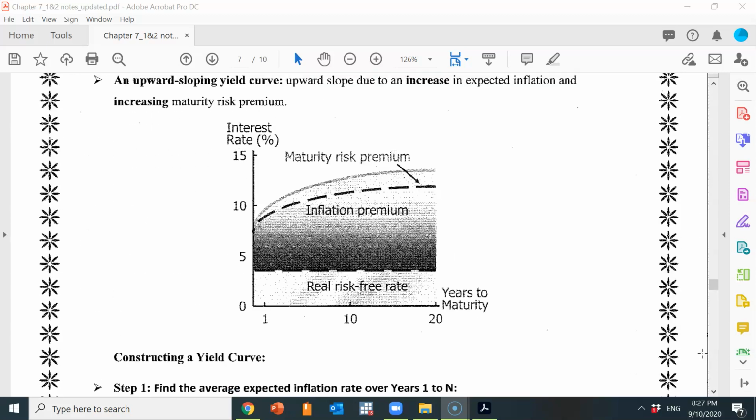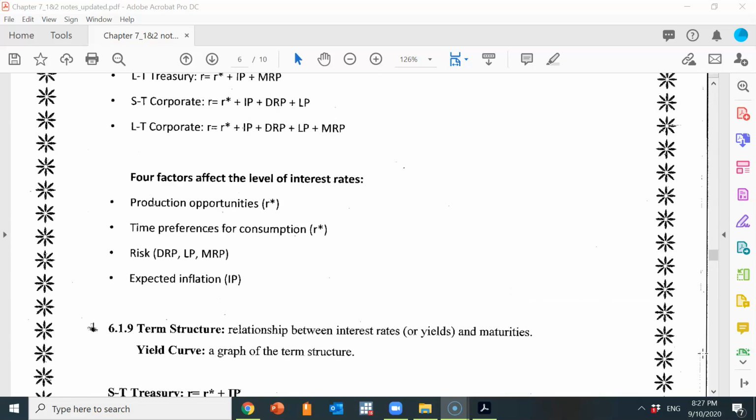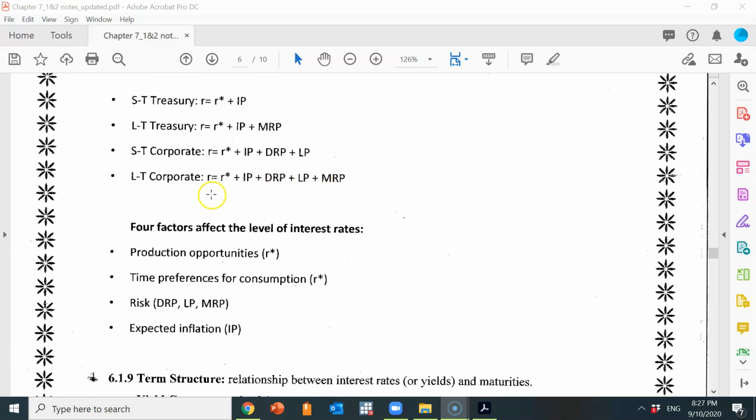Let me show you the equation again. This is the comprehensive equation on bond interest rate: R equals R star plus IP plus DRP plus LP plus MRP. For short-term Treasury, it only has the first two elements, R star plus IP, because it's short-term, so it doesn't have MRP.